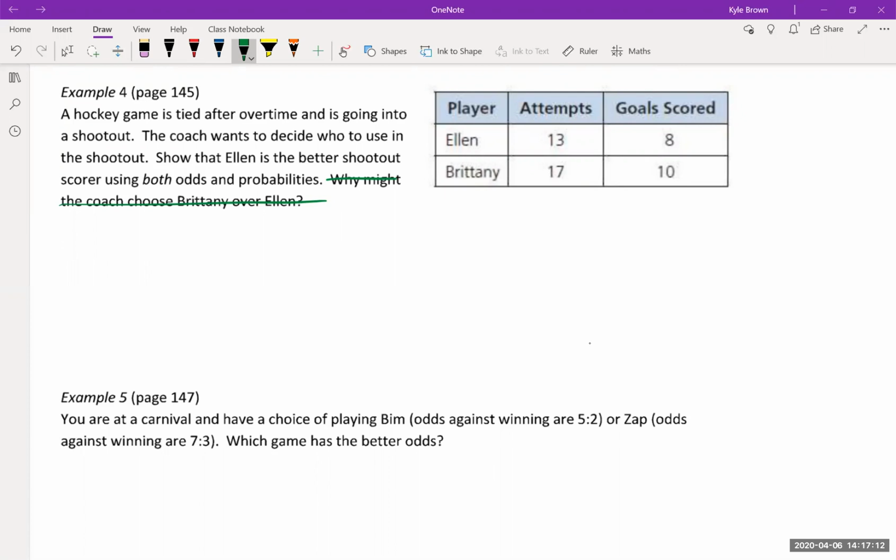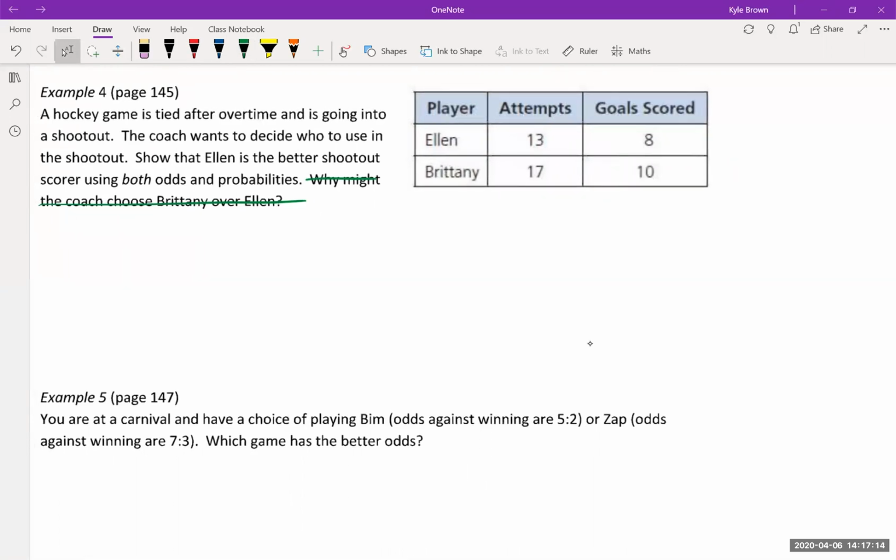All right. So we've got Ellen. She has 13 attempts and she scores 8 goals, right? So in this case, our 8 is going to be our favorable, and our attempts is going to be our total. Your total shots is how many shots you took in total, and then how many actually went in.